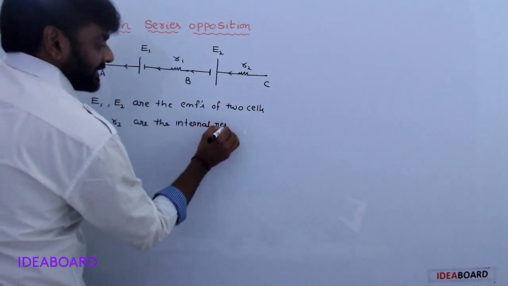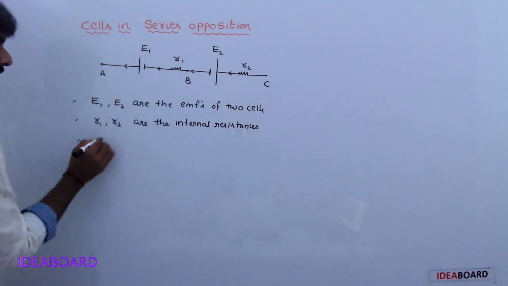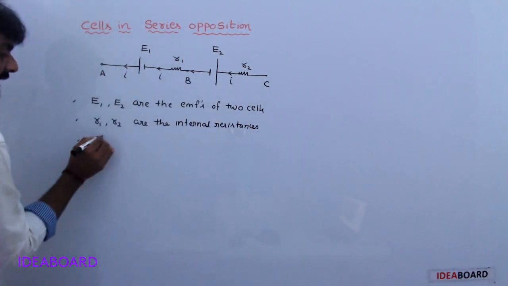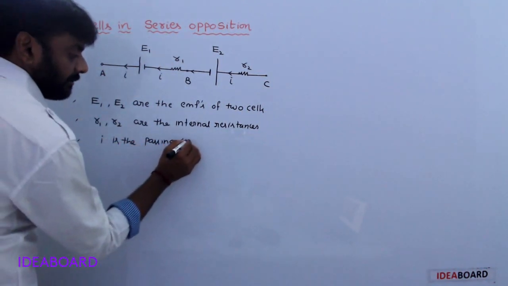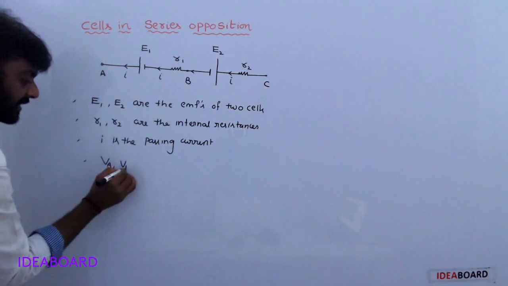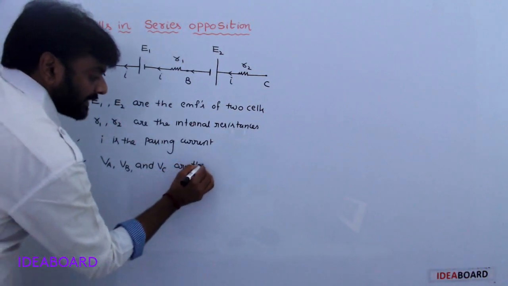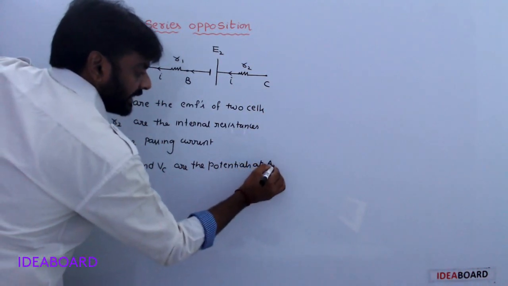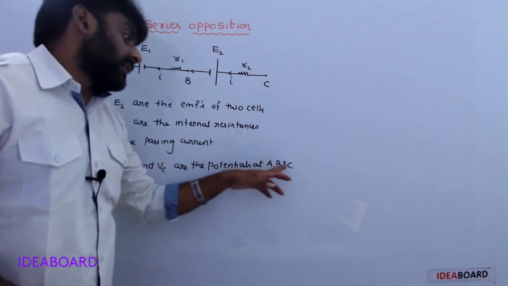Here the passing current is I. V suffix A, V suffix B and V suffix C are the potentials at A, B and C.